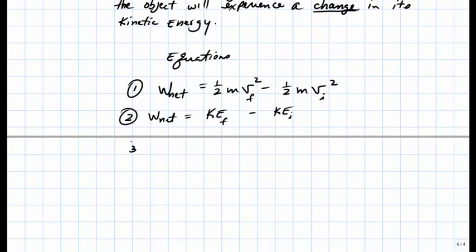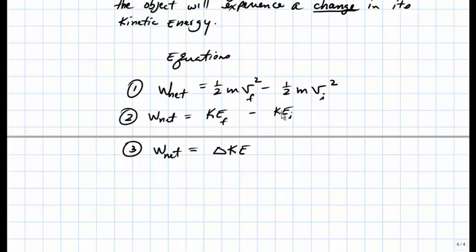The third form looks like this. W net equals the change in kinetic energy. Of course, the change in kinetic energy just refers to the final kinetic energy minus the initial kinetic energy.